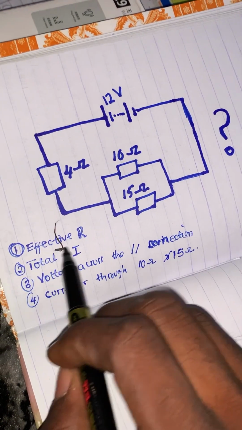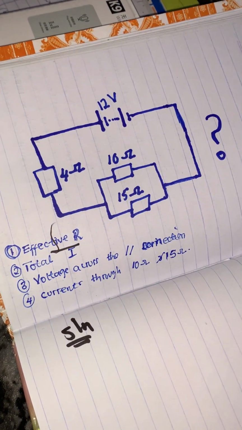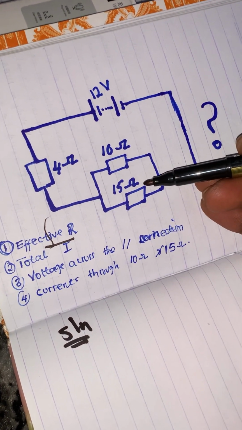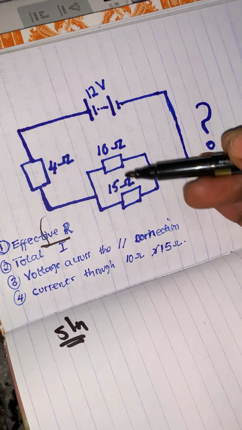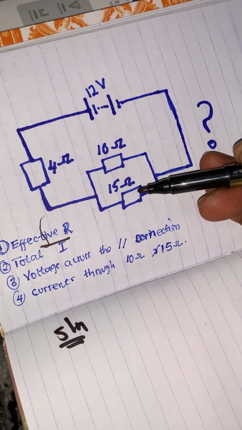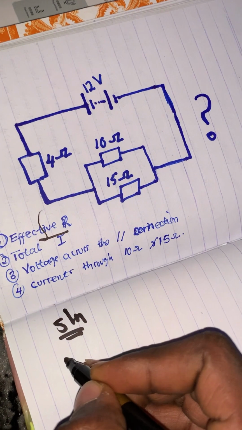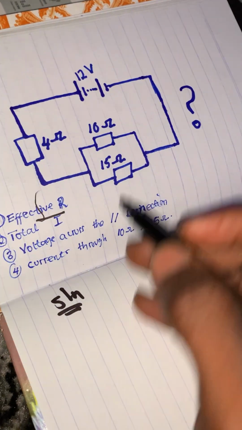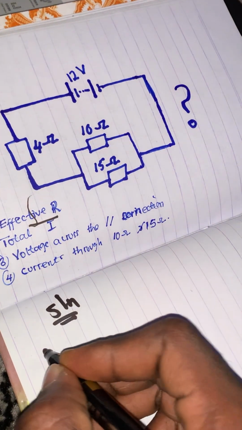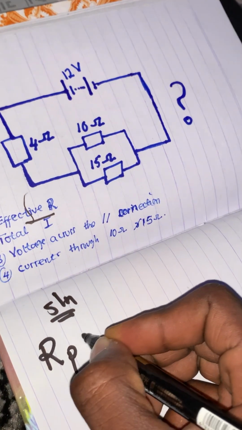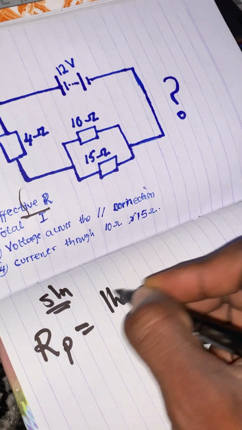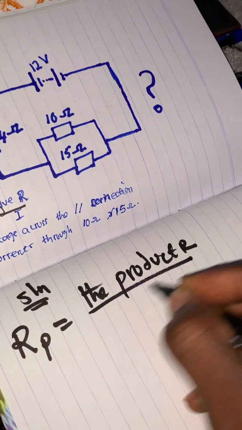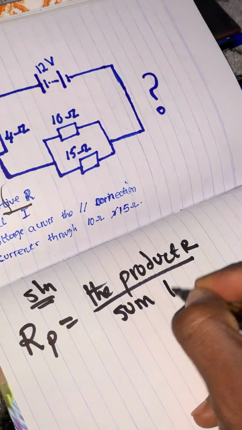Solution: first we need to find the effective resistance, and for us to find the effective resistance, we can see here there is a parallel connection, so we need to make this parallel connection into 1 ohm resistor. And we already know from our previous video that the total parallel resistance is R parallel equals the product of the resistances divided by the sum of the resistors.